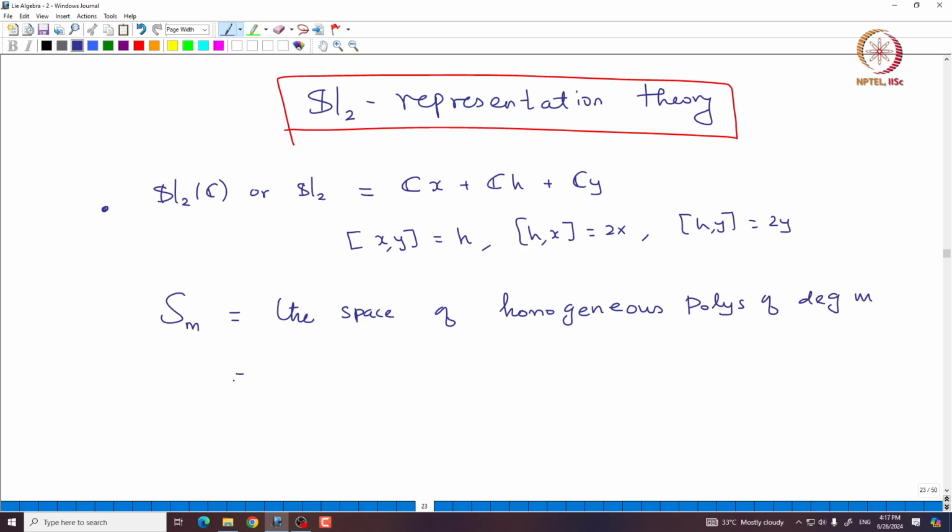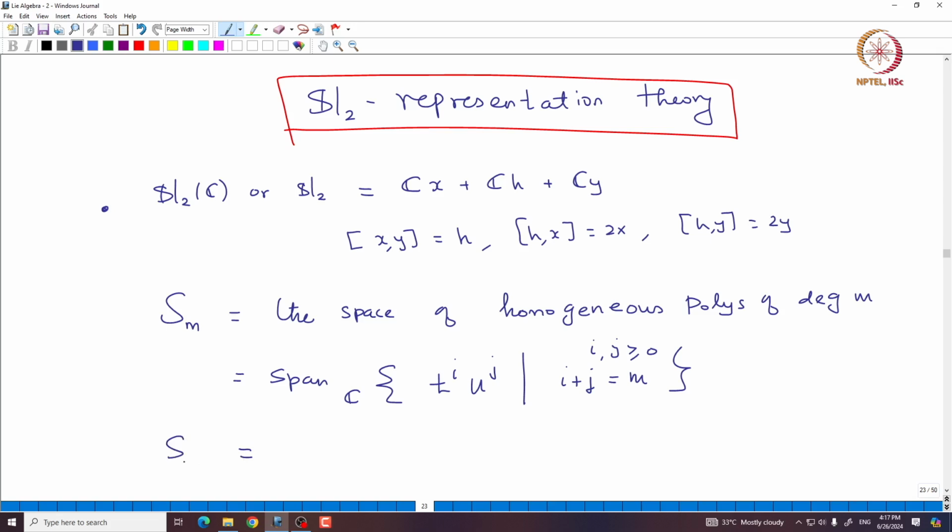Then it is clear that this is spanned by the following polynomials. Let us say the polynomials in the variables t and u. So, this is spanned by t power i, u power j, such that i plus j is exactly equal to m, and i, j are greater than or equal to 0. Okay, they are non-negative integers whose sum is m.